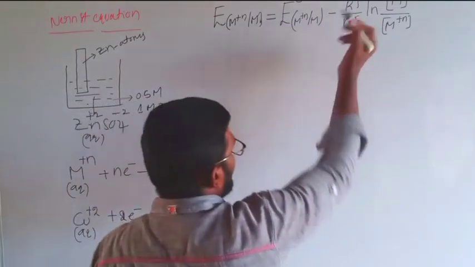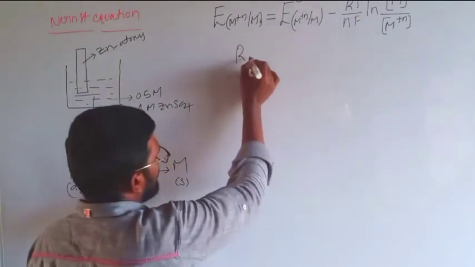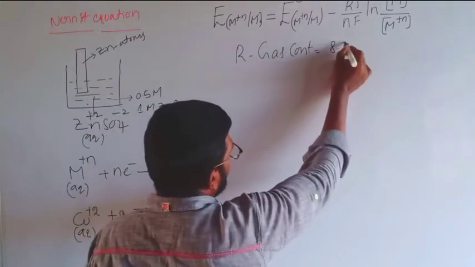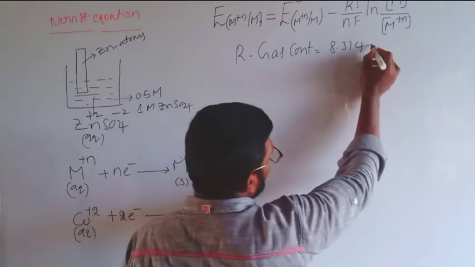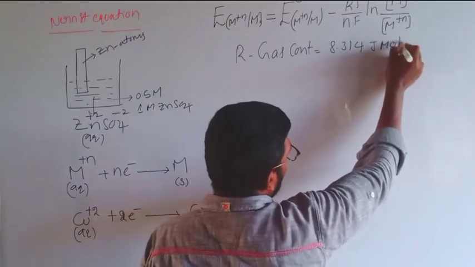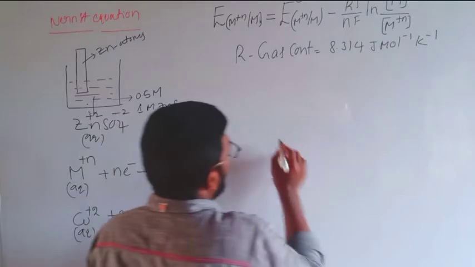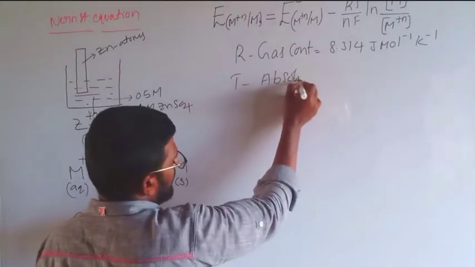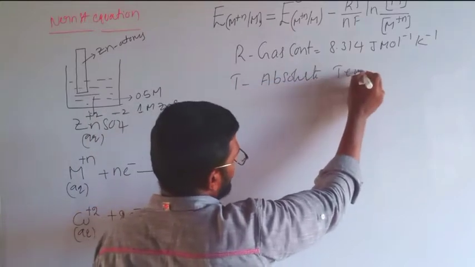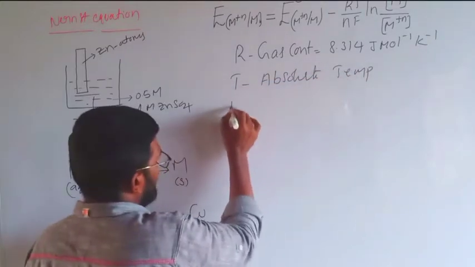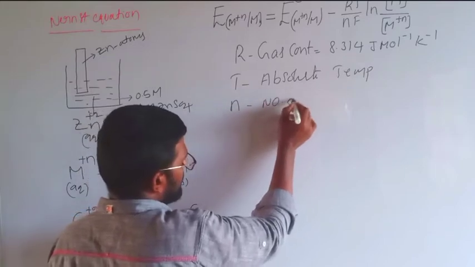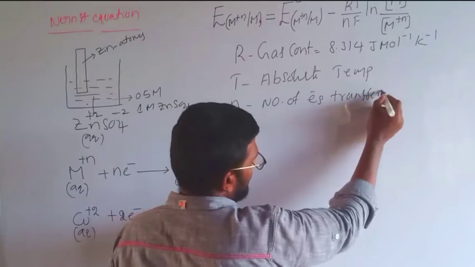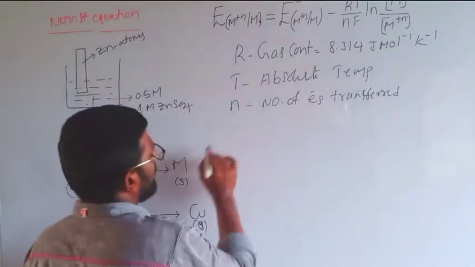Next, here R is a gas constant. Its value is 8.314 joules per mole per Kelvin, and T is absolute temperature. n is the number of electrons transferred.